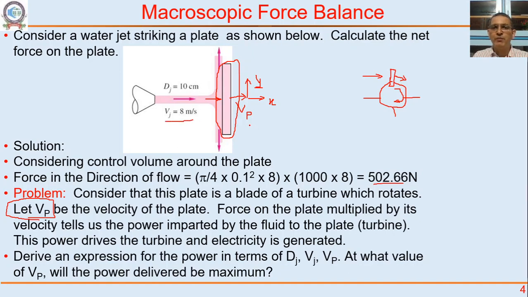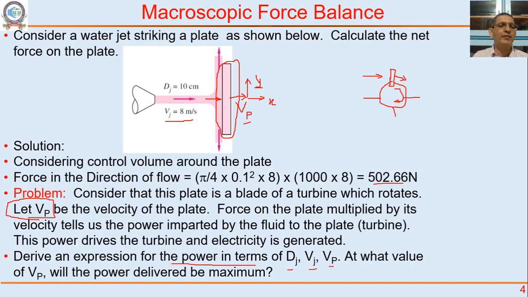Obviously jet velocity has to be more than the plate velocity, only then the jet will hit the plate and the plate will experience a force, and then power would be generated. So what we would like to do is write an expression for the force, multiply that by velocity of the plate Vp, and then we will get an expression for the power that this one such blade would generate in terms of dj, Vj, Vp.